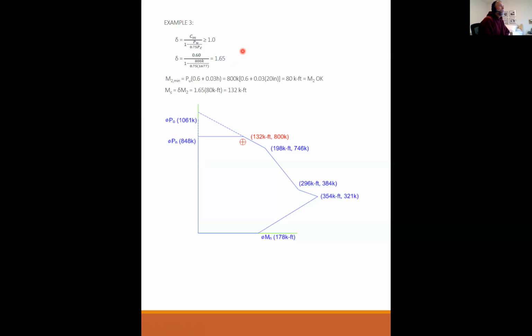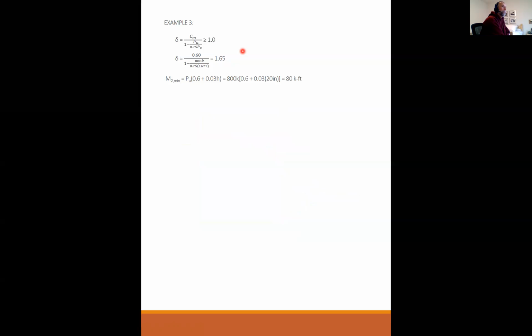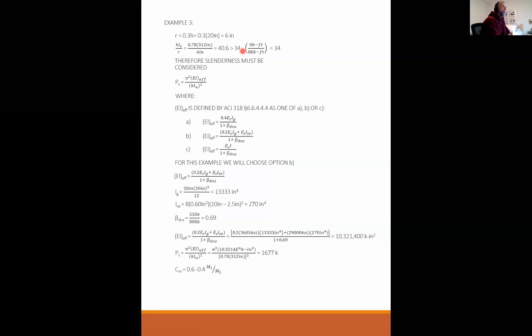And so even though we calculated the effective stiffness using only 20% of the stiffness of the column's concrete, and then we added in some stiffness of the steel, even though that may not be enough, this is still kind of guessy.